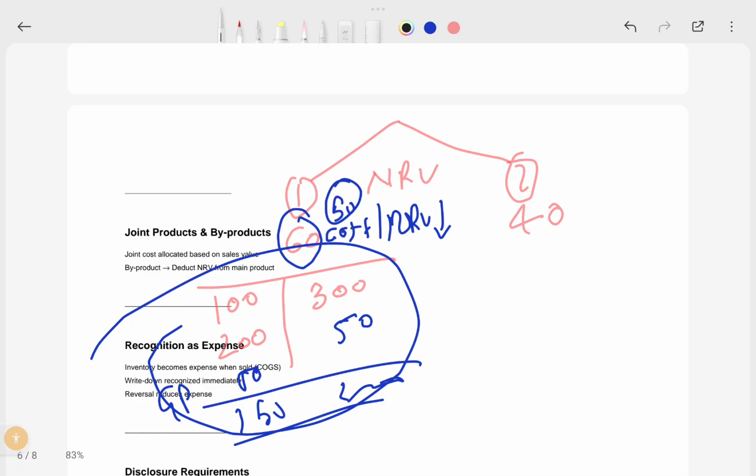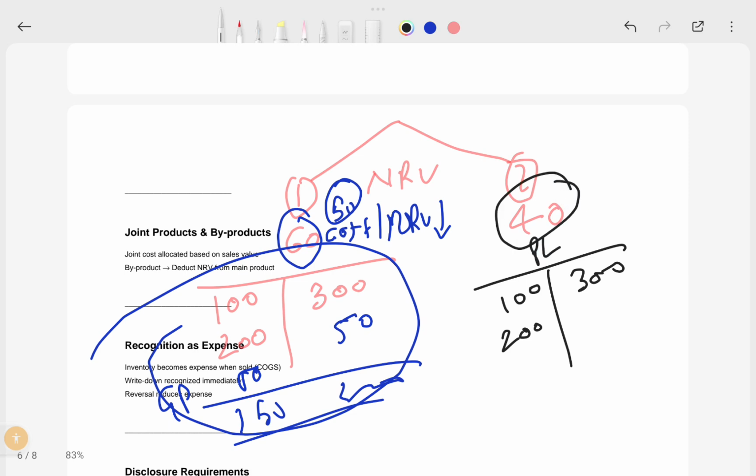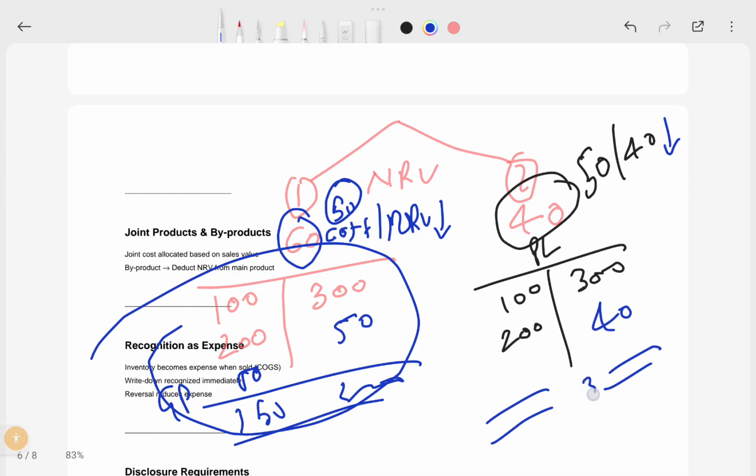In the second case, the same P&L: sales 300, opening stock, purchases. Now if you see the NRV, the cost is 50 and the NRV is 40, whichever is lower. So 40 you add here. So 340, 340, and the gross profit is 40.